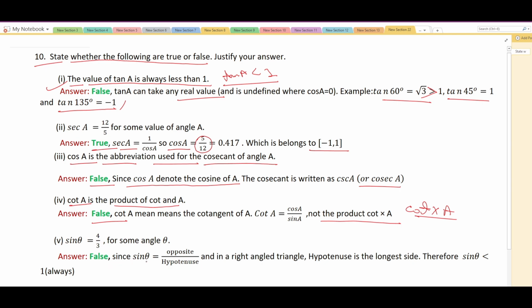This is false, as sin theta equals opposite by hypotenuse, that is perpendicular by hypotenuse. Hypotenuse is the longest side. Therefore, sin theta is less than 1.